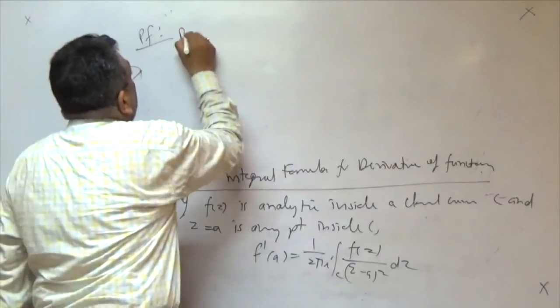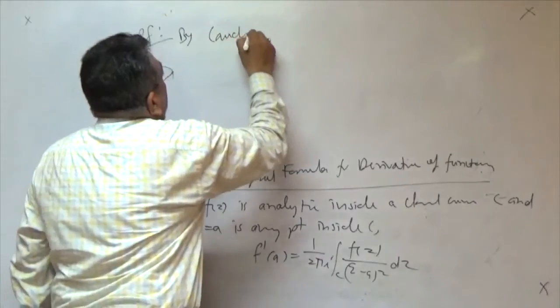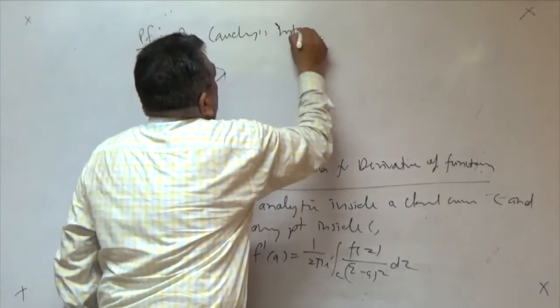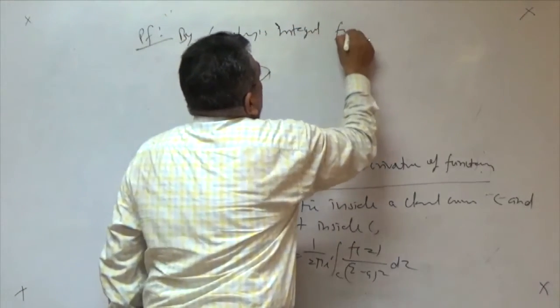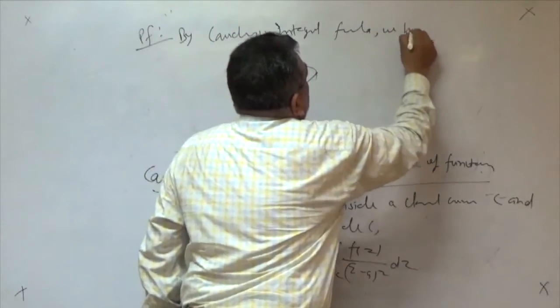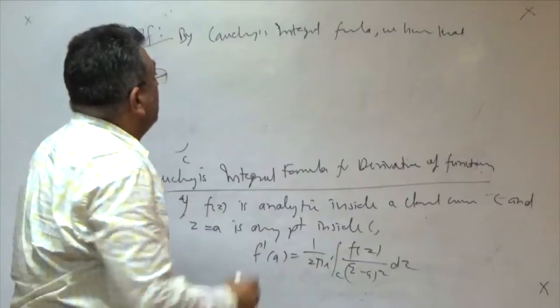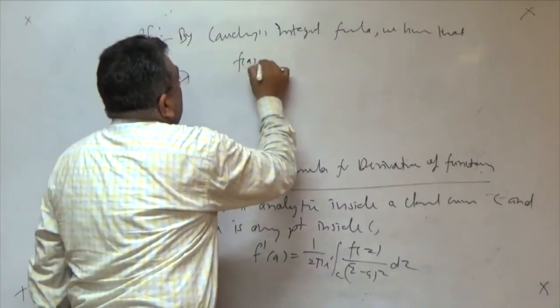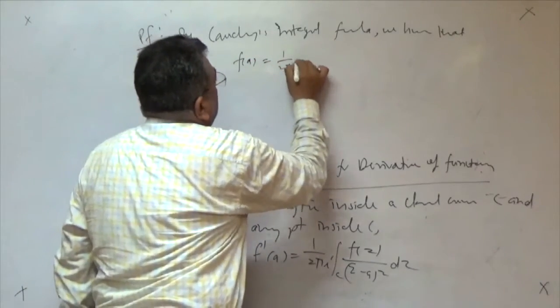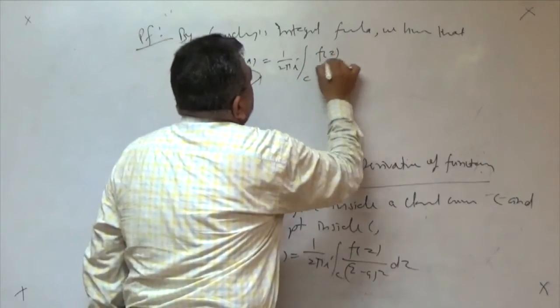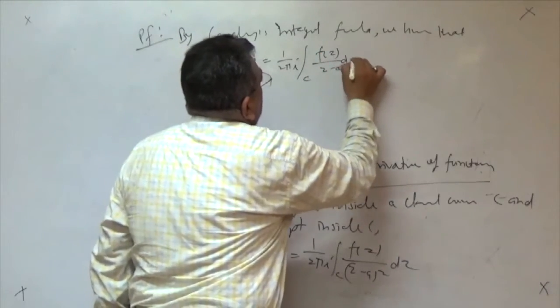By Cauchy's integral formula, we know that f(a) is 1 upon 2 pi i times the integral over C of f(z) upon (z minus a) dz.